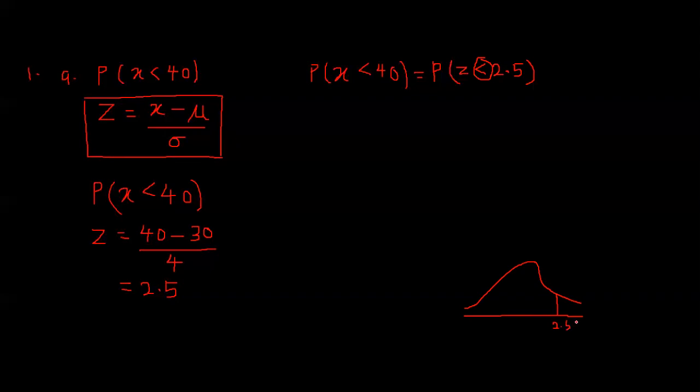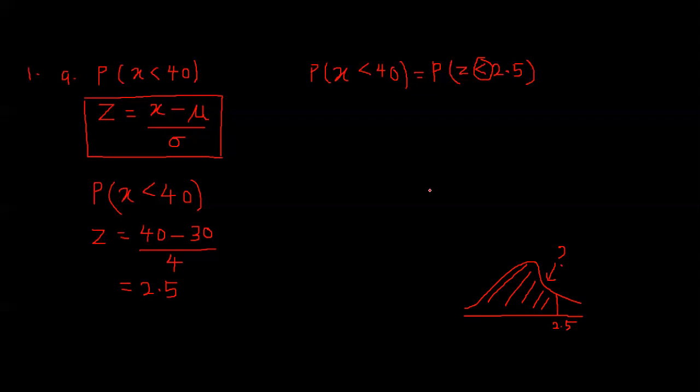So now, the question wants you to get the value of z that is less than 2.5. So less than 2.5 should be to the left area here. So what is the value of Z that is less than 2.5? So how to get this value?